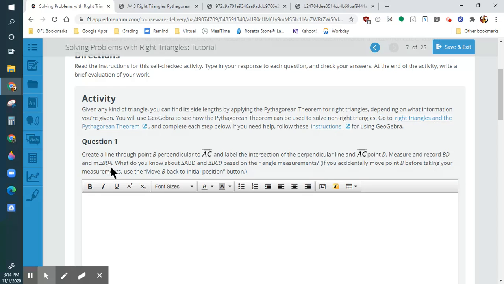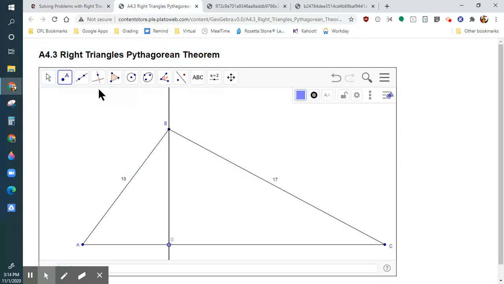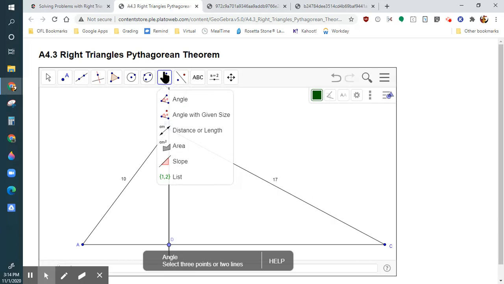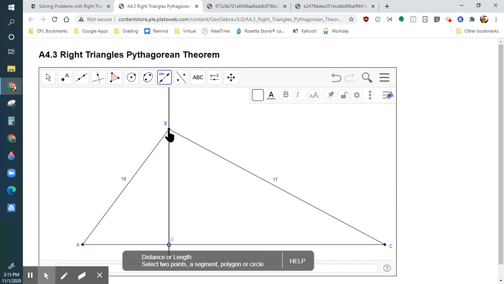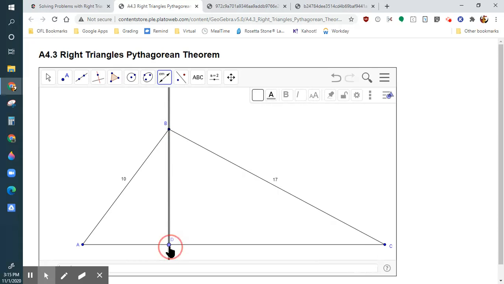Record BD and the measurement of angle BDA. What do you notice about ABC and ABD? Okay, so let's take a look at BD. First we need to find the measurement of that line segment. So use our measuring tools, go to distance, click that, click that.